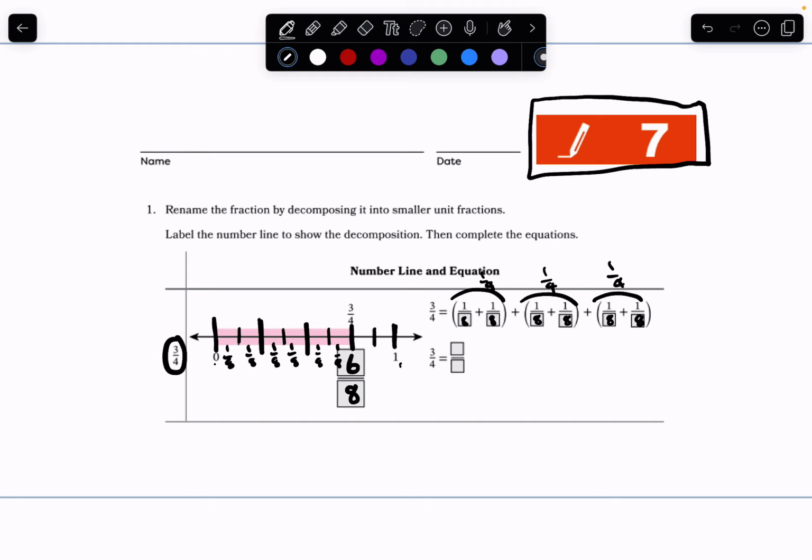What it wants you to write down here is what 1/8 plus 1/8 plus 1/8 plus 1/8 plus 1/8 plus 1/8 is, or 6/8.